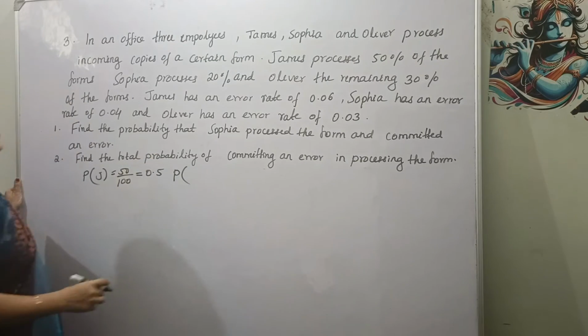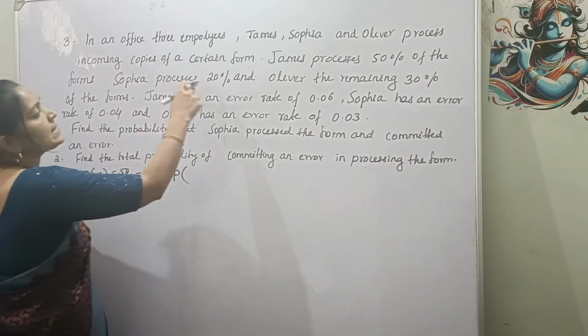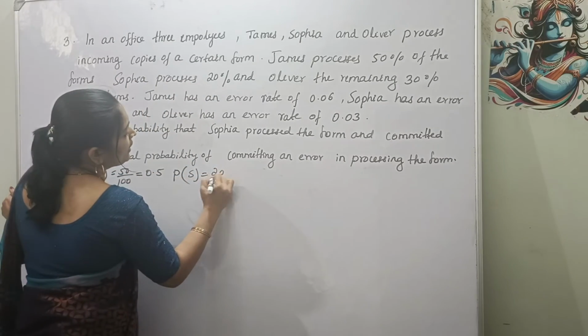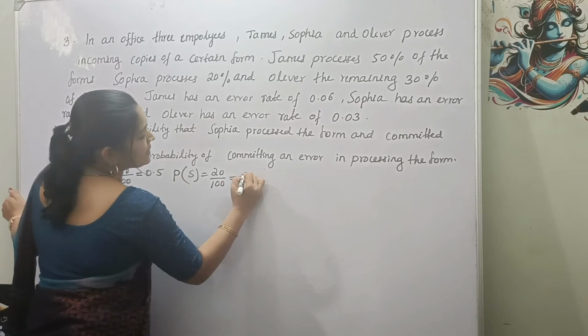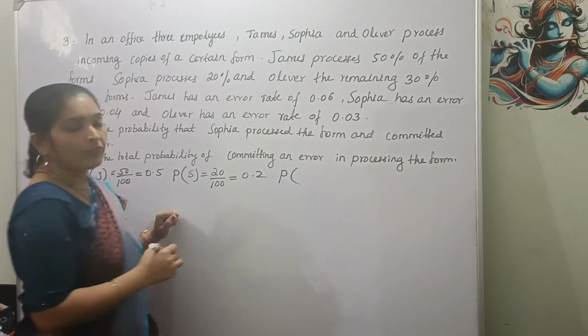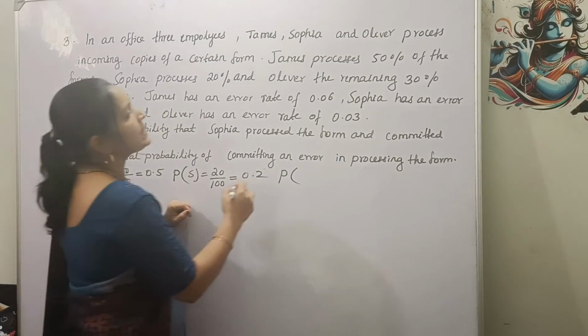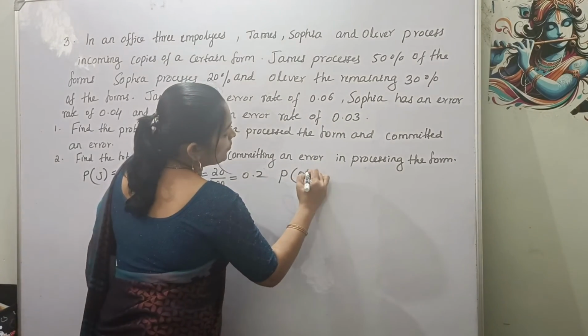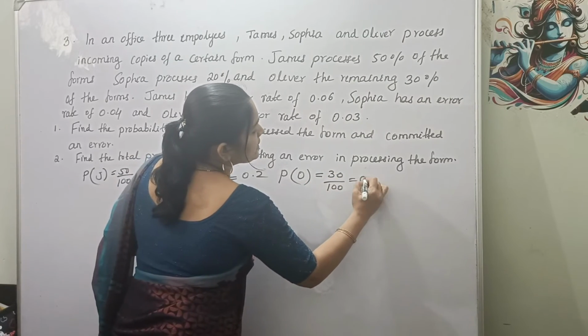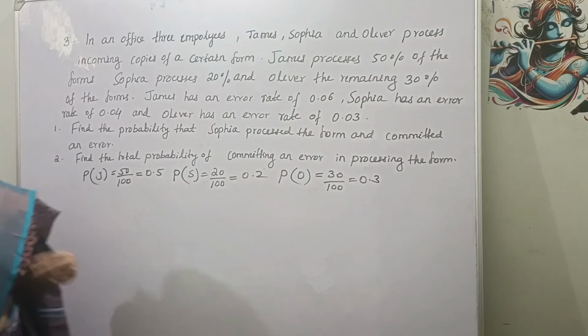Next, probability of processing of the forms by Sophia is 20%. That is probability of S is equal to 20 divided by 100, that is 0.2. Next, probability of processing of the forms by Oliver is 30%. So probability of O is equal to 30 divided by 100, that is 0.3.